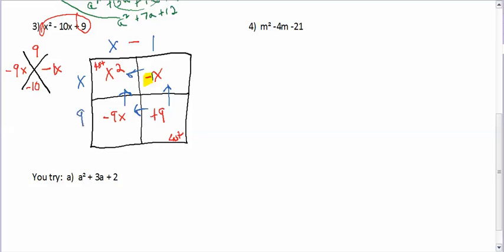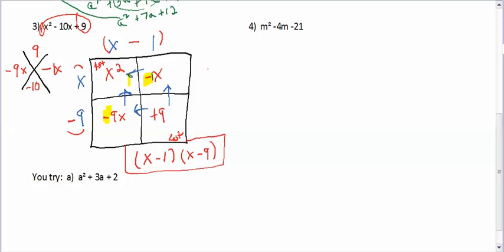And again, the sign is determined by this down here, and it's going to be a negative. So now I have my answer. My answer is x minus 1 and x minus 9. So that's the answer. That's the factored form for that equation.